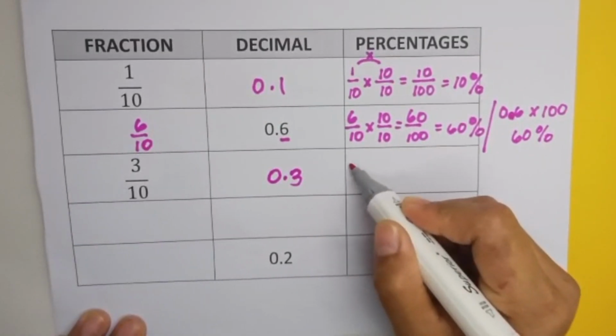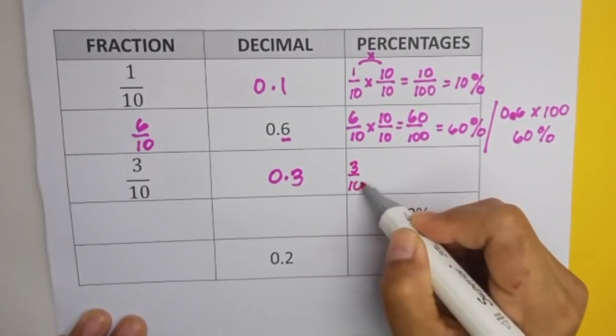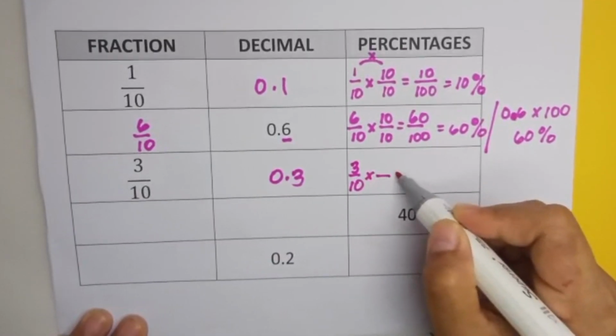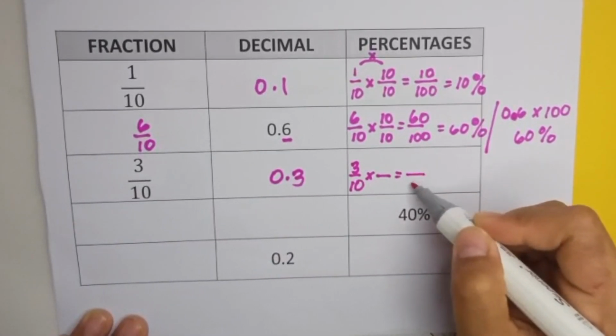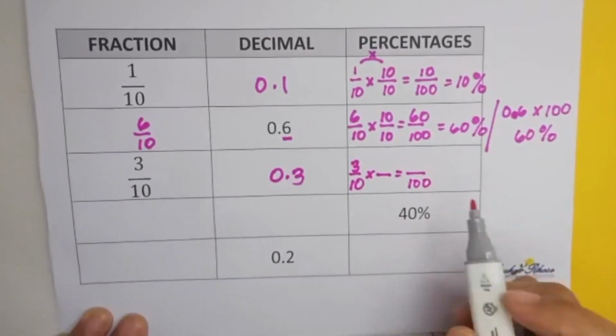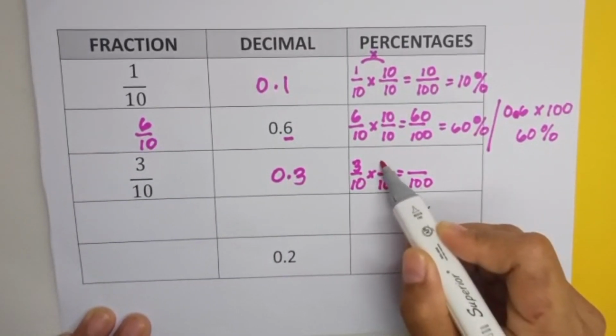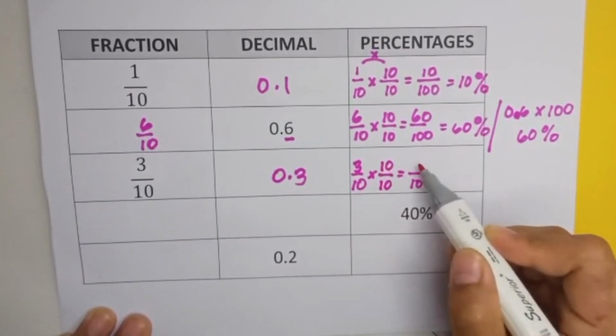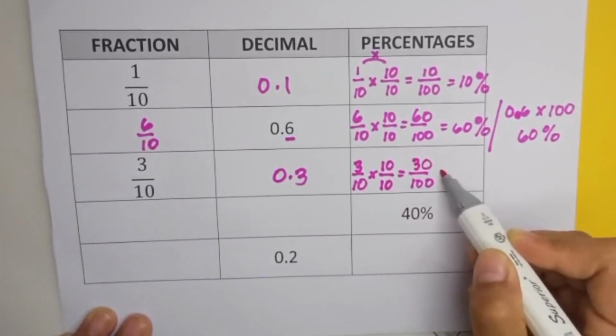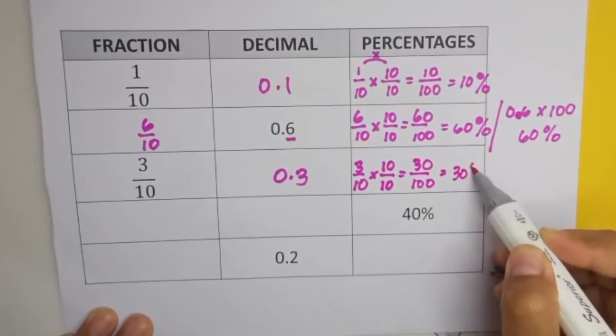First I will do this way, multiplying by a number that will give you over 100. 100 divided by 10 is 10. 3 times 10 gives you 30. And this is the same as 30%.